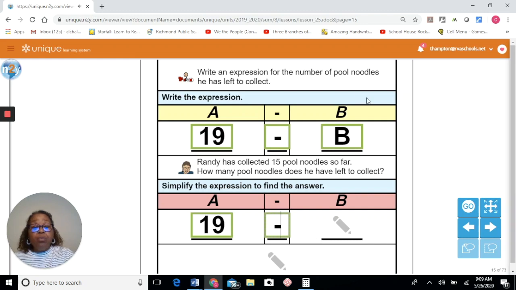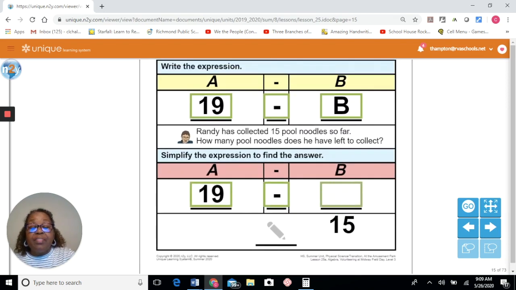So for B, which we didn't know at first, now we know Randy has collected 15 pool noodles so far. Let's put that in. He's collected 15 noodles so far. So now we must simplify the expression to find out how many pool noodles he has left to collect.